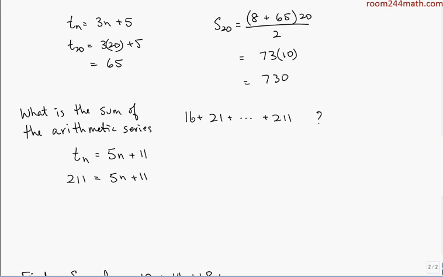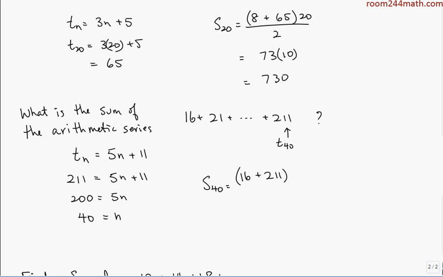So we can replace Tn with 211 to figure out what value of n is going to work here. We can subtract 11 from both sides and divide by 5, and we get 40. So what we really know is that this is T40, and we're looking for the sum of the first 40 terms here. So what we're really looking for is S40.